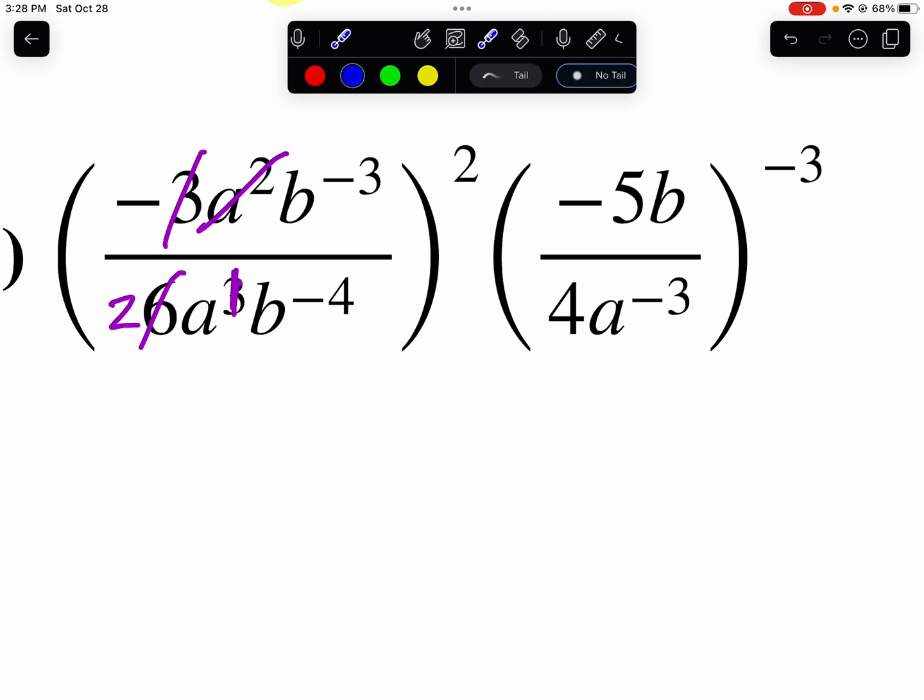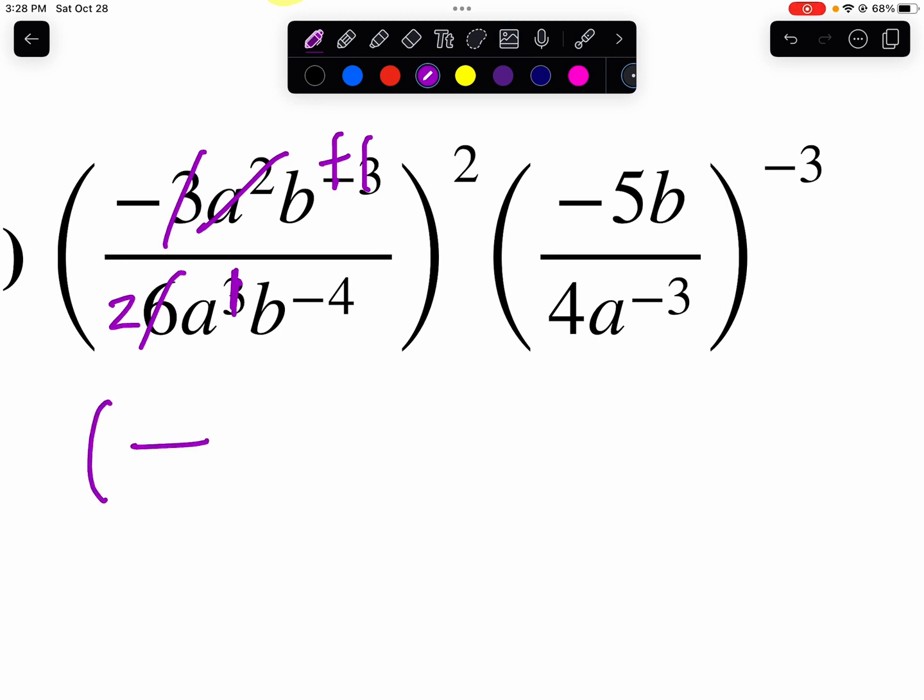Then if we take negative 3 minus a negative 4, I'm going to get b to the positive 1. So in other words, let's write this as a fraction. So I got b to the first for my numerator. My denominator is 2a. Now I'm going to square that. So I'm going to say b squared over 4a squared.